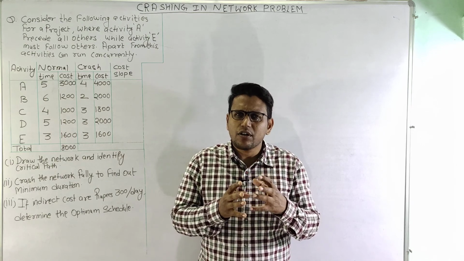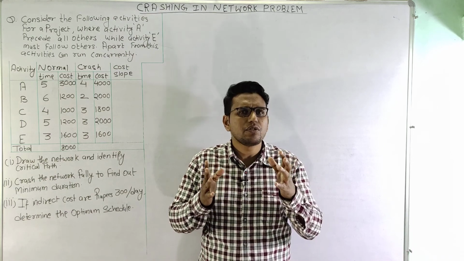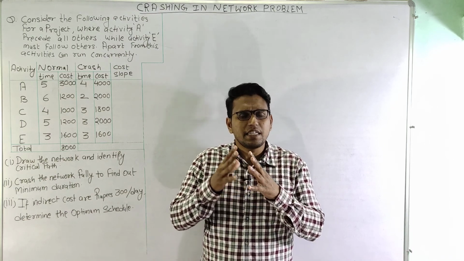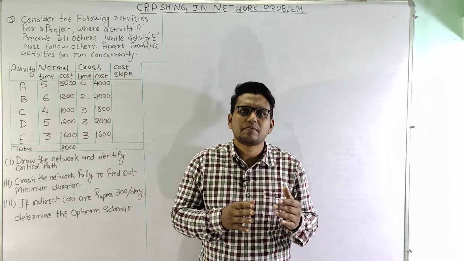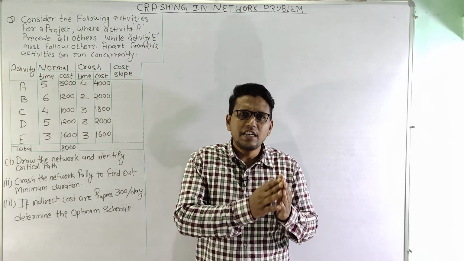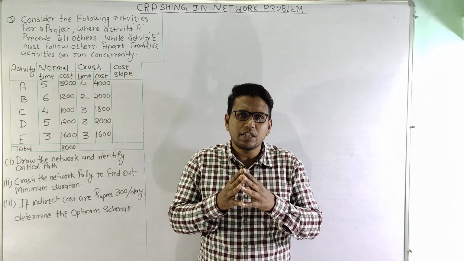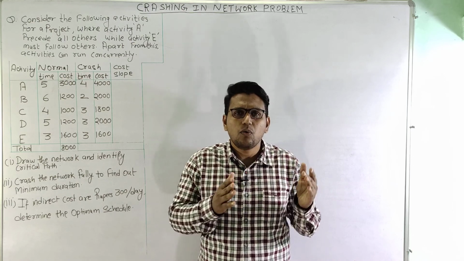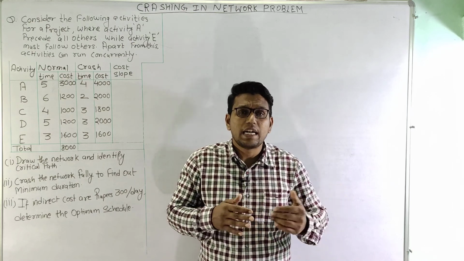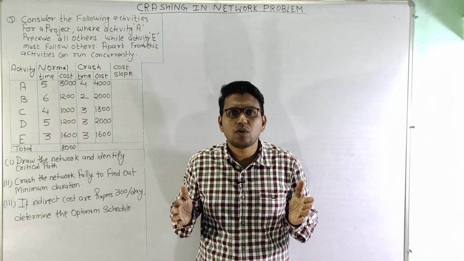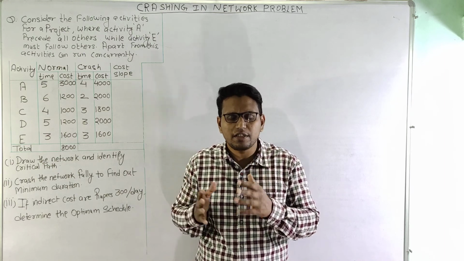And the indirect cost depends on the duration of the project. Here in crashing we assume that the indirect cost linearly depends on the project duration. So if the project duration is small, the overall indirect cost is small, and if the project duration is large, overall indirect cost is large.